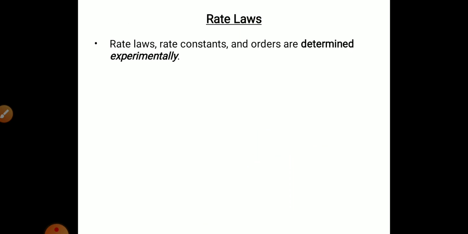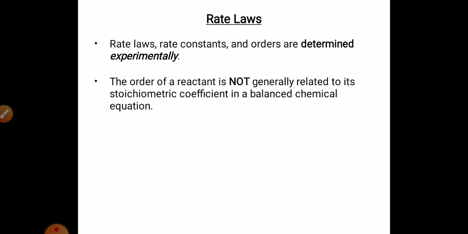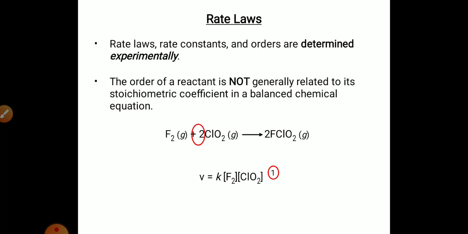The rate law, the rate constant and the order of the reaction are determined experimentally. Okay? The order of a reactant is not generally related to its stoichiometric coefficient in the balanced chemical equation.